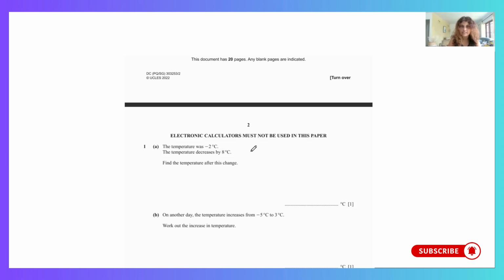From minus 2 it dropped down by 8 degrees, so we need to subtract 8 from minus 2. Let's see how we can subtract these two.